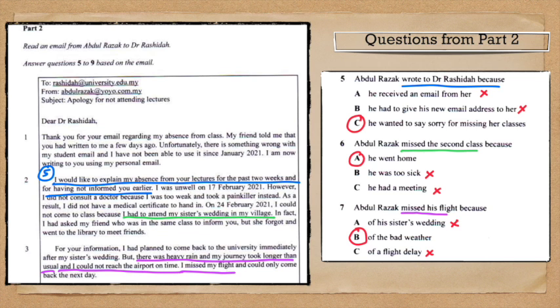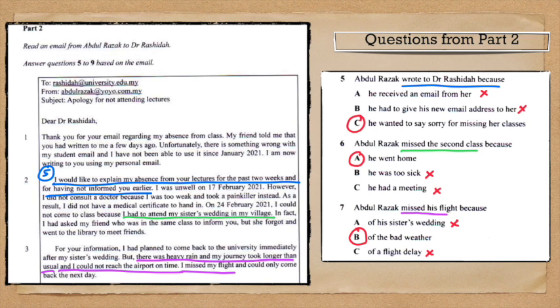Option A, he received an email from her? Or he had to give his new email address to her? Or he wanted to say sorry for missing her classes? Even though I have circled the answer already, you need to find the evidence from the text, is it correct or not?